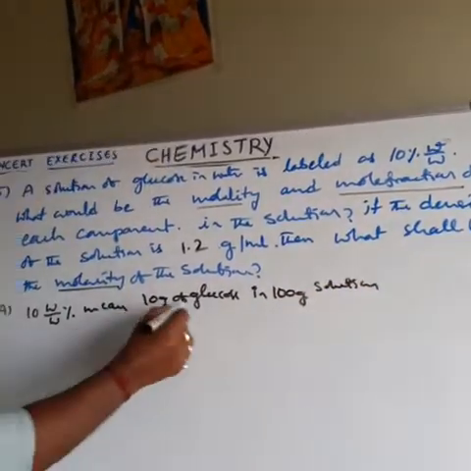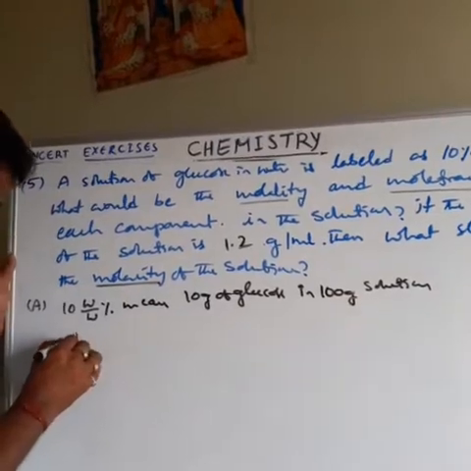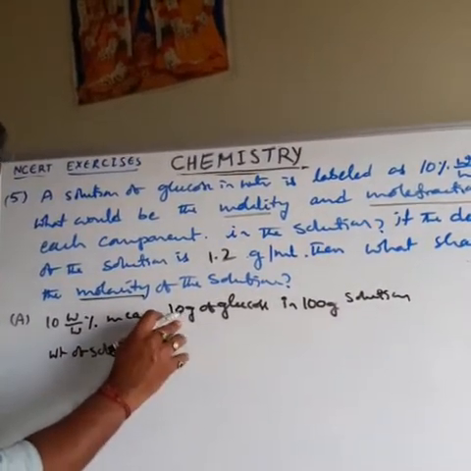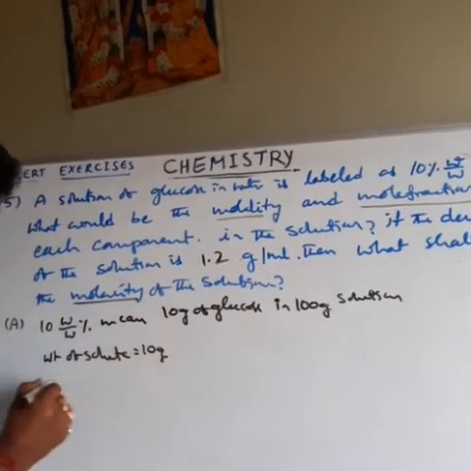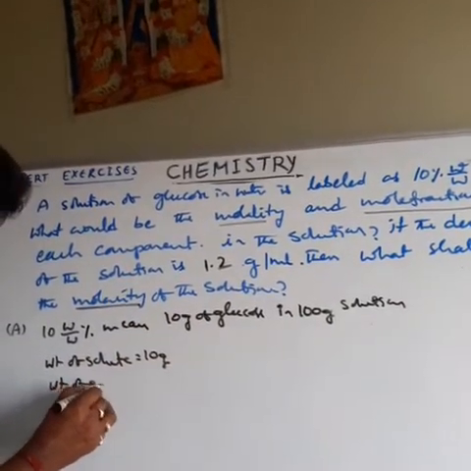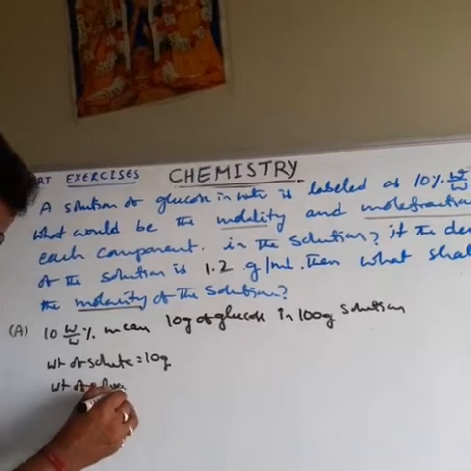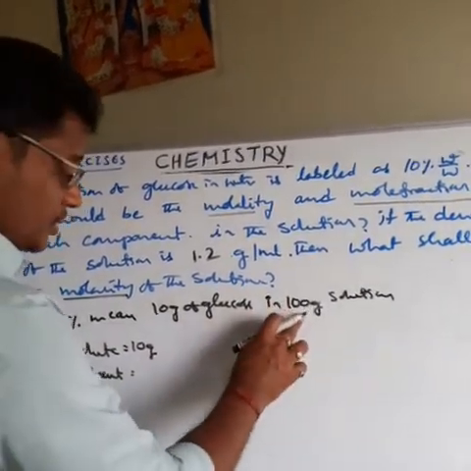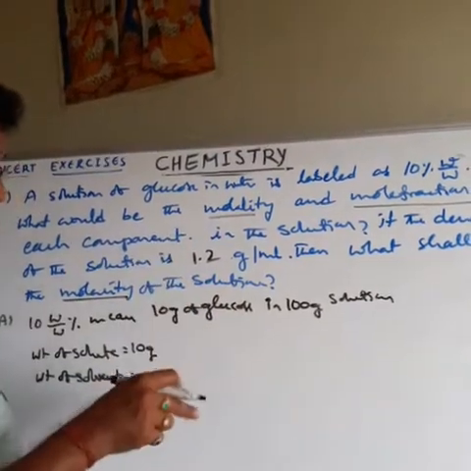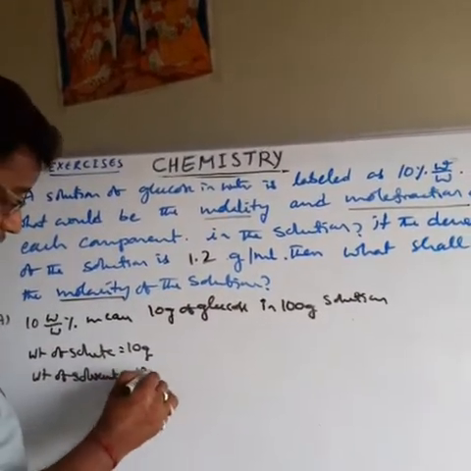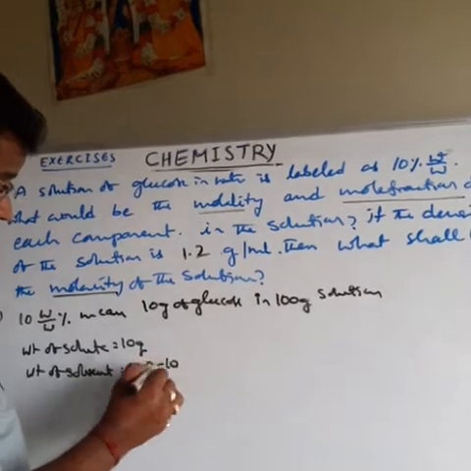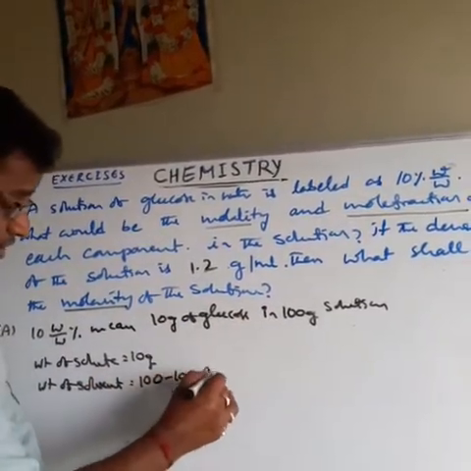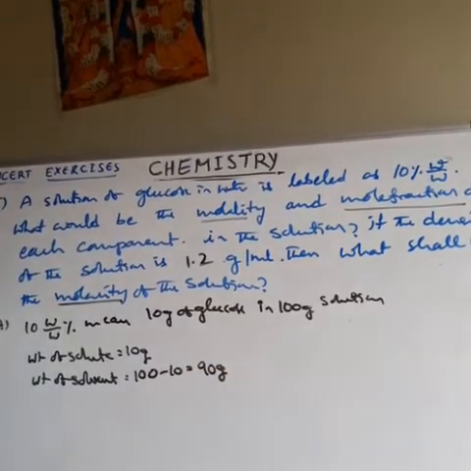So the weight of solute, the less quantity, is 10 gram. Then the weight of solvent, the more quantity: 100 gram of solution in which solute is 10 gram, remaining 90. 100 minus 10, you subtract the solute from the solution, then we get the solvent weight, 90 grams.